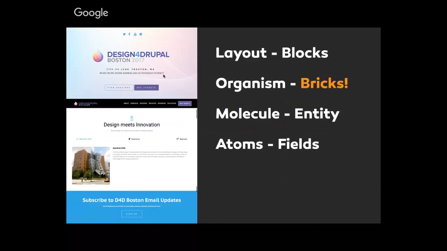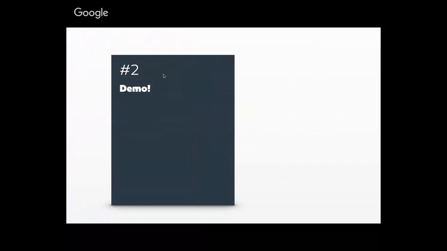So this module can be treated as this intermediate layer in the atomic design system, and if we think about the whole site, the whole architecture in this way, we can get really impressive results. That's why it's time for a demo.